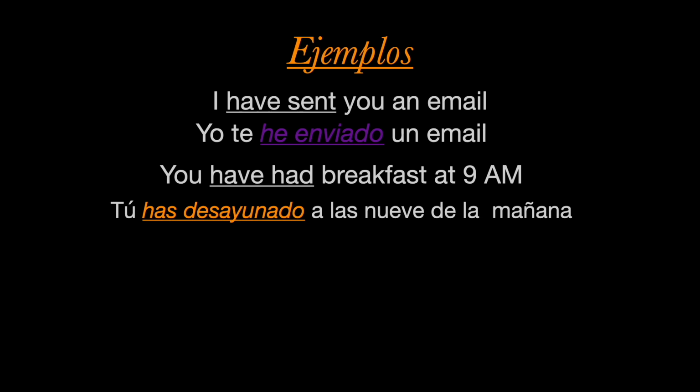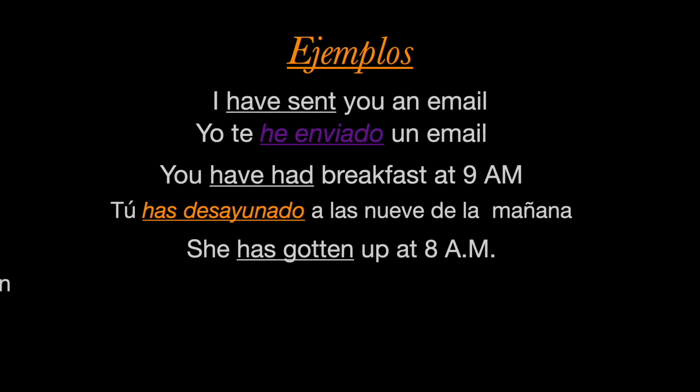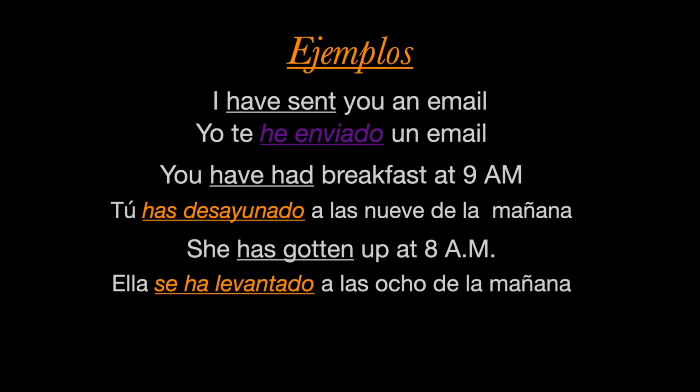Next sentence. She has gotten up at 8 a.m. Ella se ha levantado a las 8 de la mañana. Here the verb is se ha levantado. Why se ha levantado? Here the infinitive is levantarse, which is a reflexive verb. And one more important point to note down is whenever you conjugate a reflexive verb in present perfect tense, you have to place the object pronoun, or the reflexive pronoun, before the haber verb.